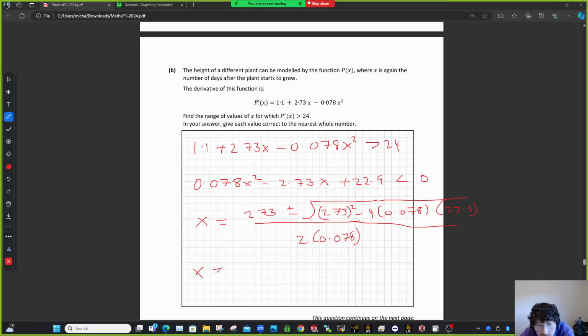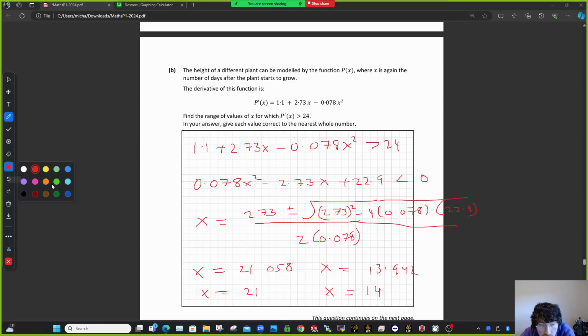So then you get two values for this, so x works out as 21.058 and x works out as 13.942, and they said to the nearest whole number, so it's 21 and 14.